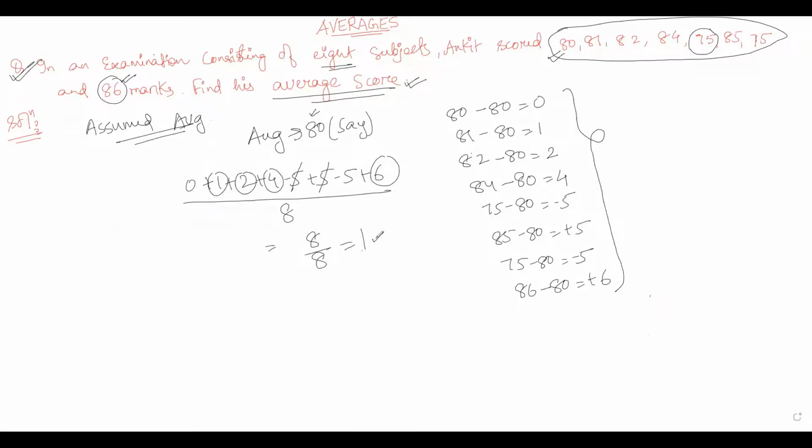So this 1 has to be added to the assumed average now. So this would be 80 plus 1, which would be 81. So the average marks in all these 8 subjects scored by Ankit would be 81. You can check this answer simply by using the formula of average and verify your answer.